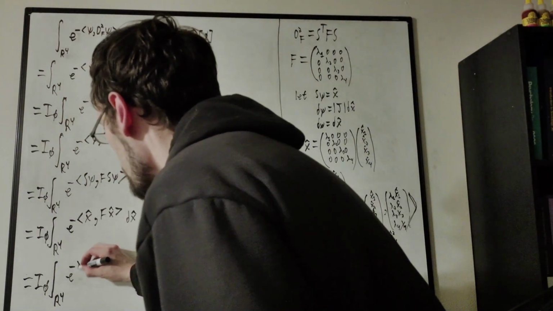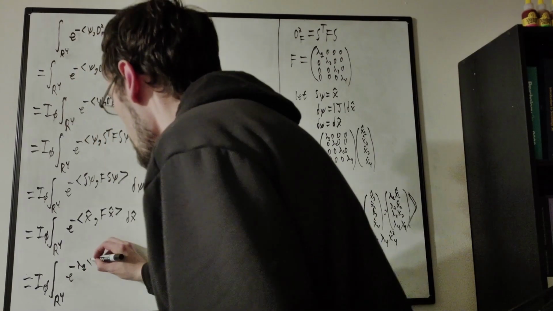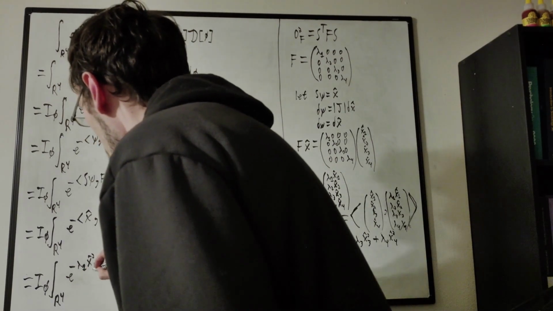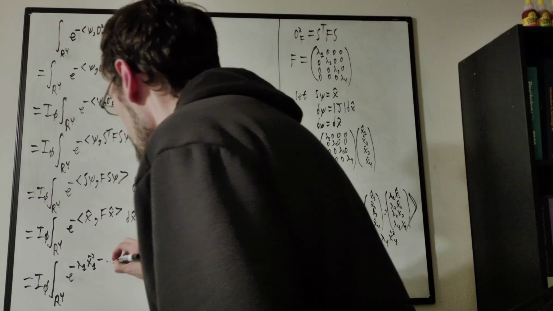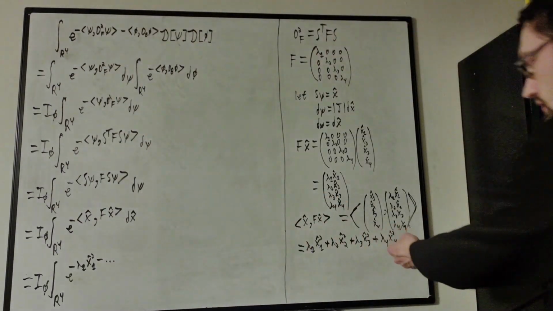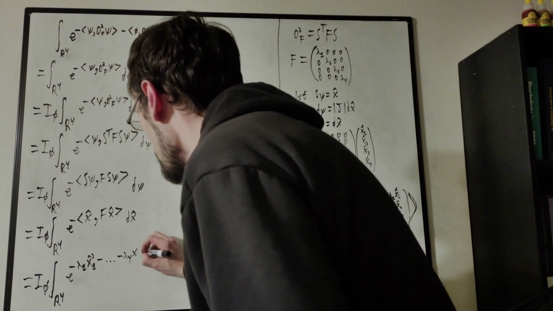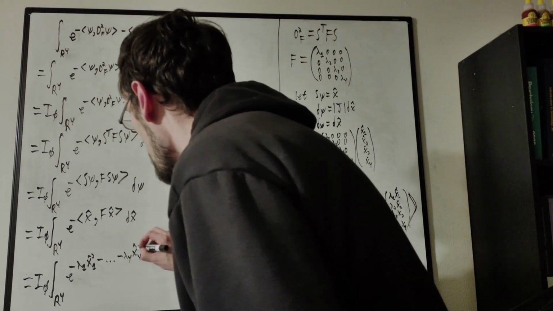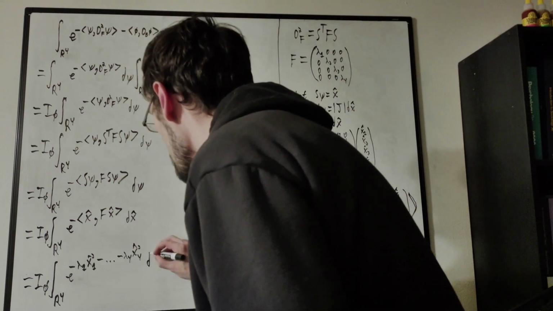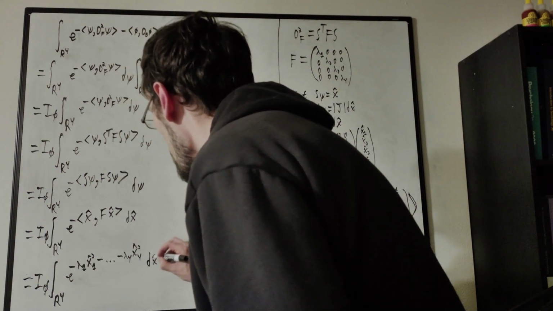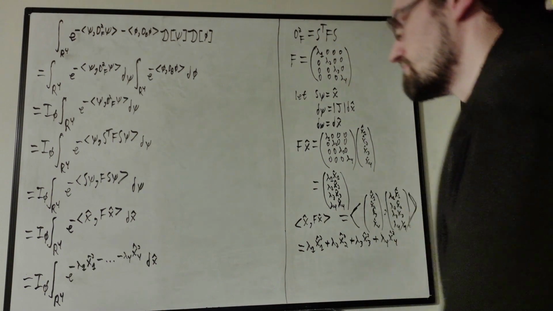Now let's plug this in down the line. Minus dot dot dot all the way up then to the fourth term here, which is lambda sub 4 x sub 4 squared. This is still with respect to x hat.